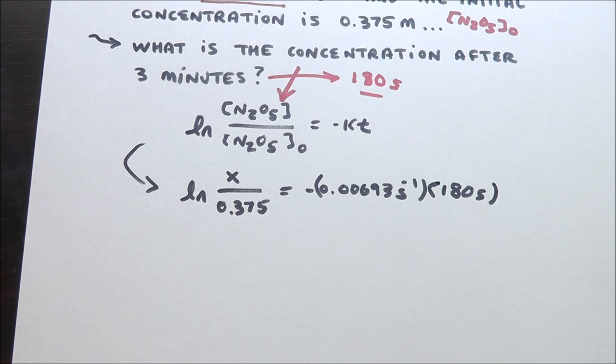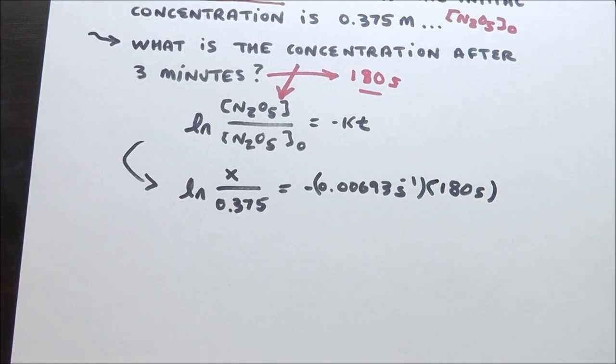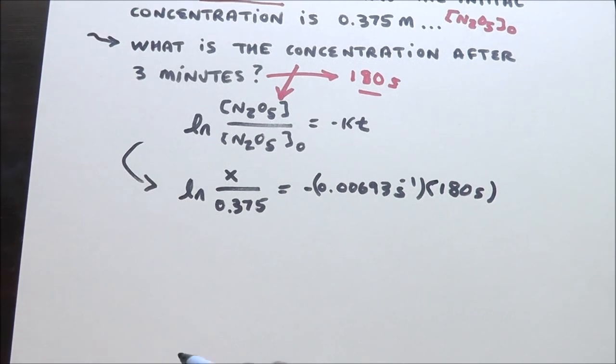So let's talk about what we can do. Order of operations, I can say 0.00693 times 180. That's going to be a unitless number, by the way.